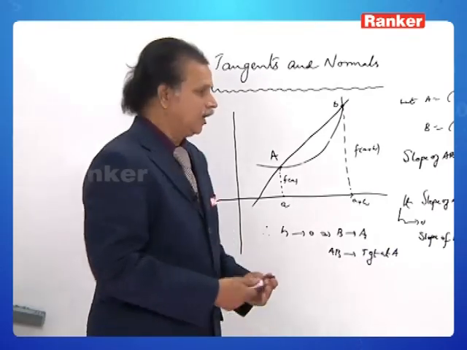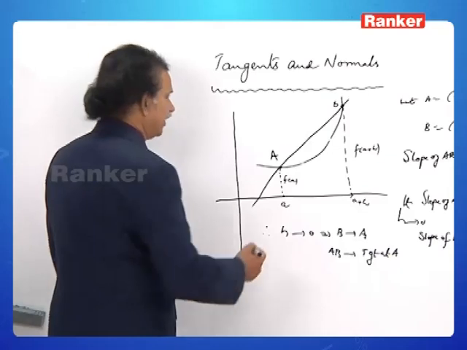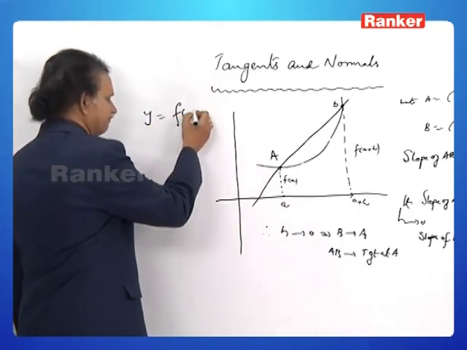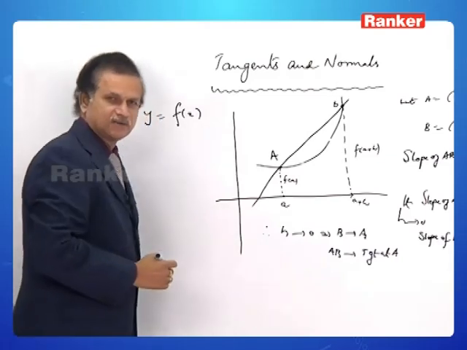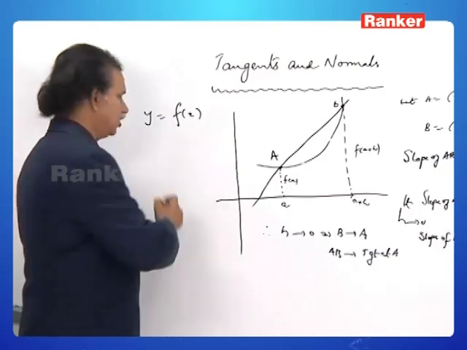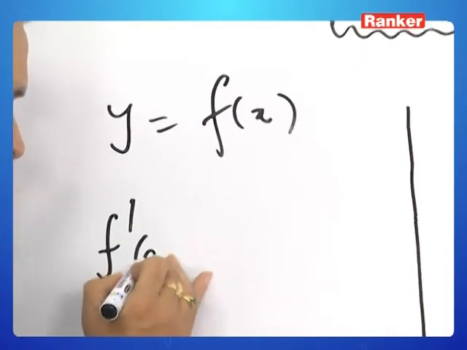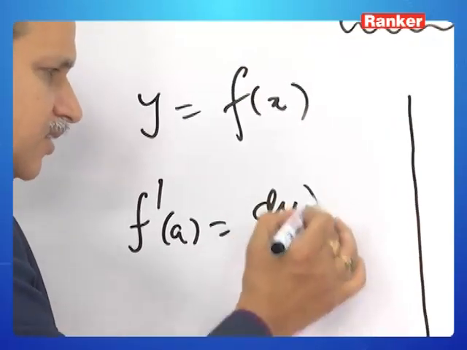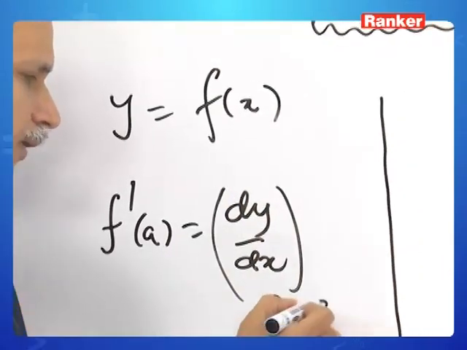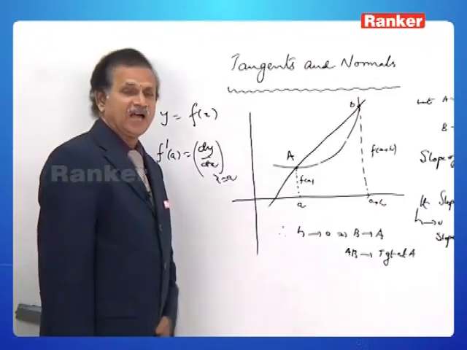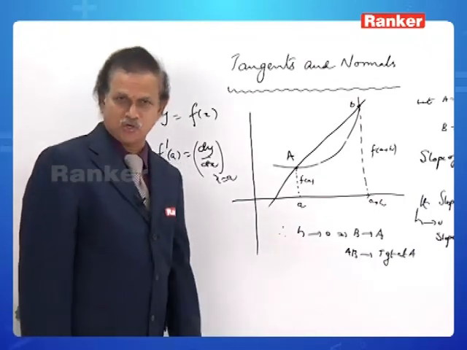Like that. Okay. Therefore, in our formal way, if you write y is equal to f of x, actually what is f dash x? dy by dx. What is f dash A? What do you mean by f dash A? dy by dx at x is equal to a, and y will be accordingly f of a, of course.